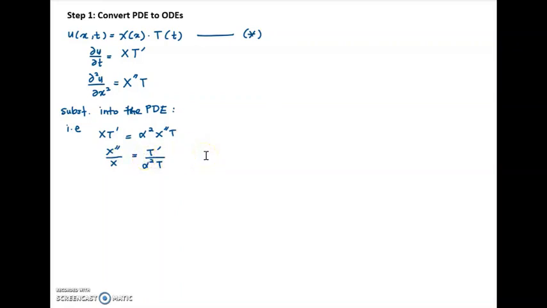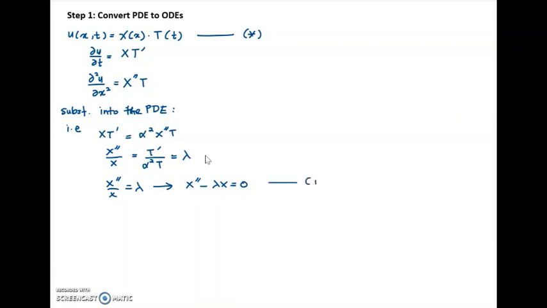So the left hand side equals the right hand side when they are both constant. We denote the constant as lambda. So X double prime over X equals lambda. Then we rearrange: X double prime minus lambda X equals 0.